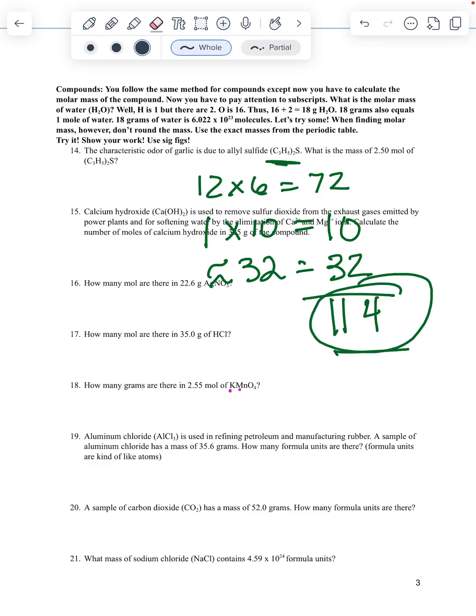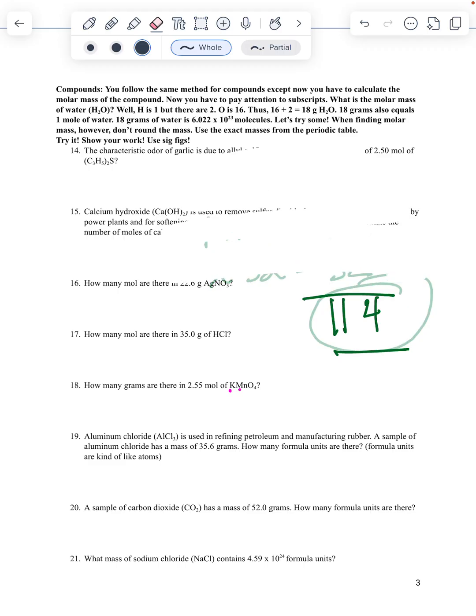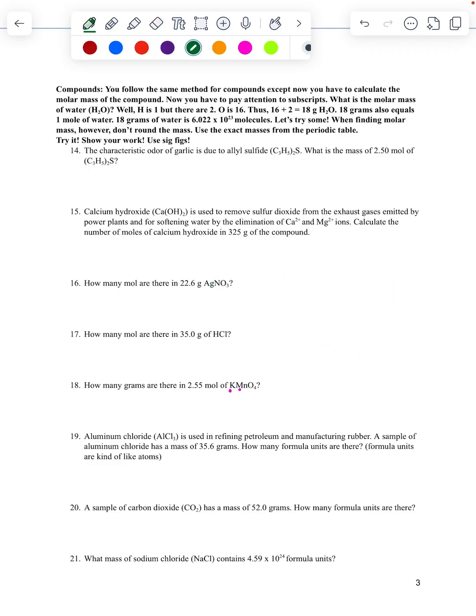So when you come up and you check your answers, I want you looking at lots of things. Sig figs, labels, the times 10, do you have the correct exponent? That's a big deal. Even if you're just one off, it's a calculator issue. You are not doing something correct.